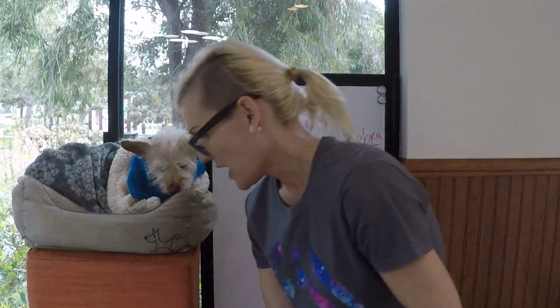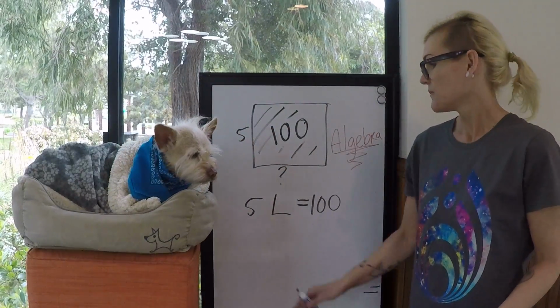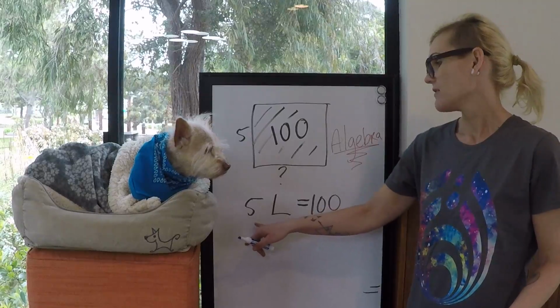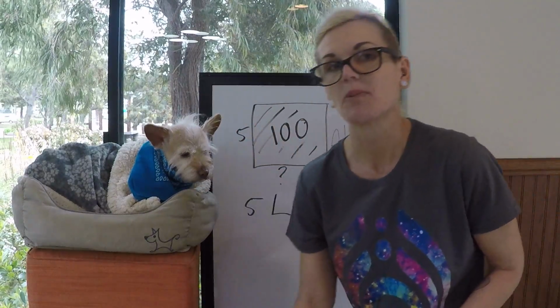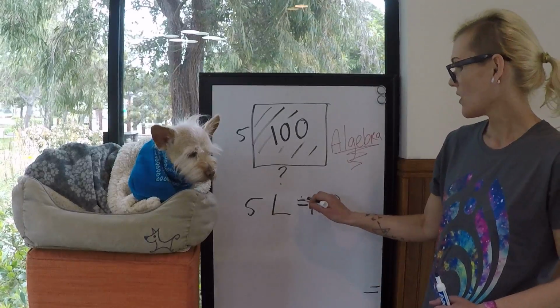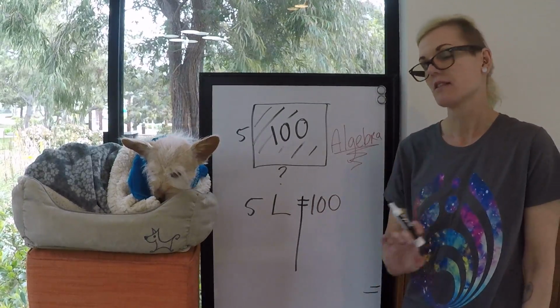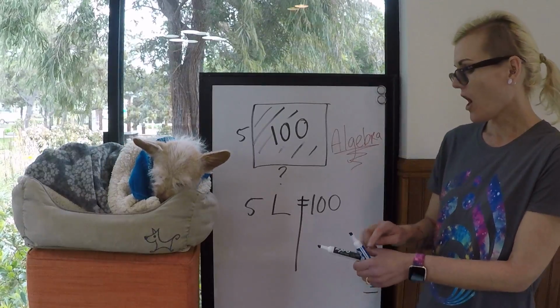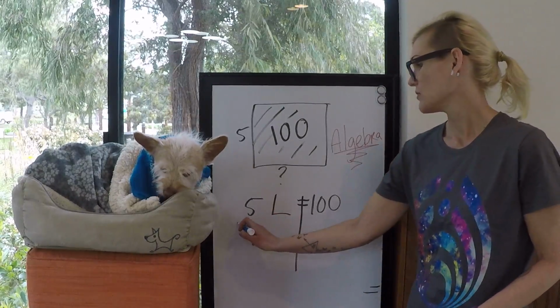When we do algebra, we're essentially undoing the operation. The equation says 5 times L gives me 100, so we want to do the opposite operation. I like to always put a line down the equal sign, so my equal sign always stays on that line. The opposite of multiplying is to divide.